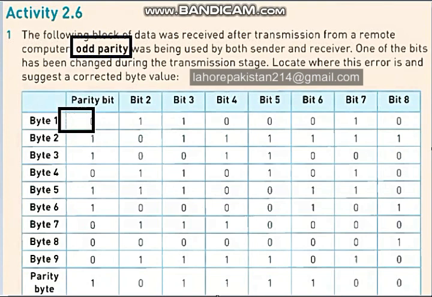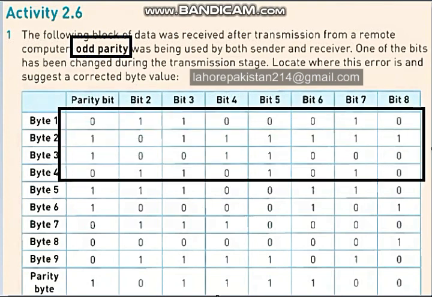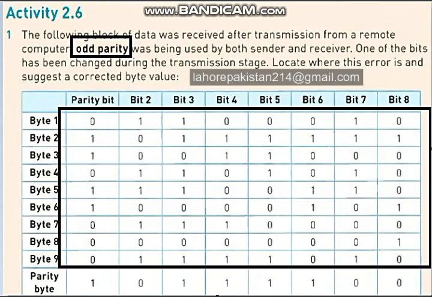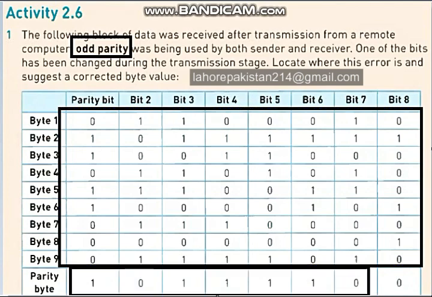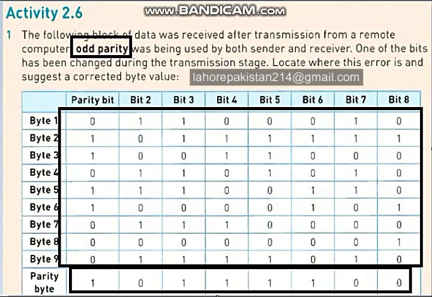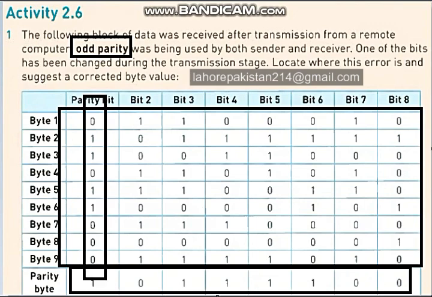As you can see, you have been given 9 bytes, and each has 8 bits. The last byte is the parity byte. This parity byte is formed to set an odd parity of all columns. Like if this is one column, if the parity is not odd of these 9 bits, then the 10th bit will be set to 1.